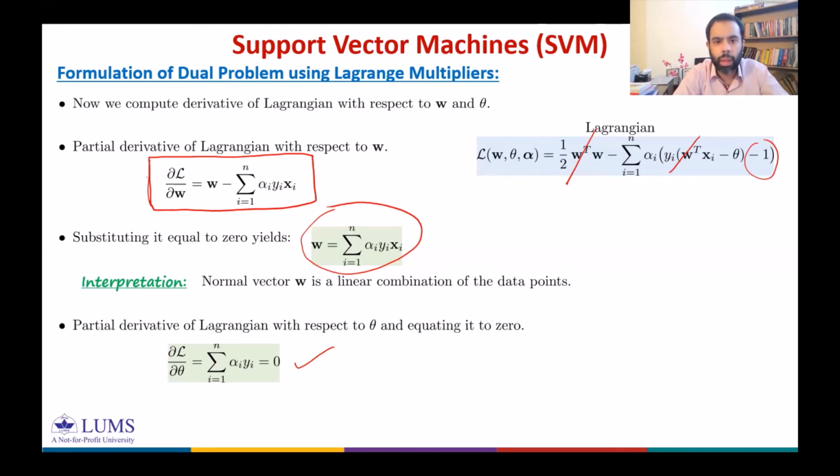Right? Okay, what was the objective? We wanted to minimize this Lagrangian with respect to W and theta. And we know this is a convex function of W and theta. We have computed the gradient, we have computed the derivatives. When we incorporate these in the Lagrangian, we can get the minimum value of the Lagrangian with respect to theta and W. So let's combine these three.